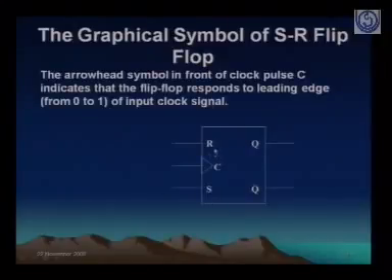So we have S and R, set as well as reset, as the two inputs, as well as the clock, and this flip-flop will respond at the rising edge of the clock pulse, and you get the outputs Q as well as Q dash. So this becomes the graphical symbol for this SR flip-flop. Whenever we are trying to draw circuits, this graphical symbol is to be utilized.